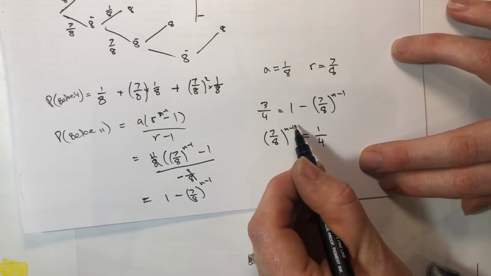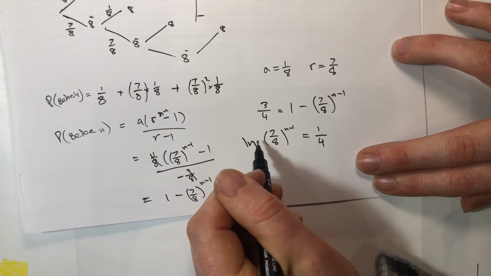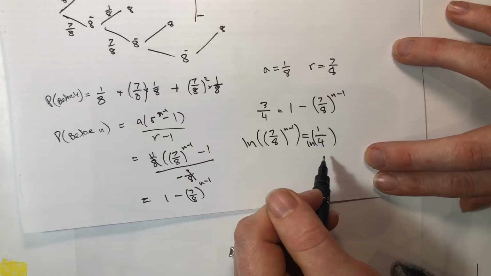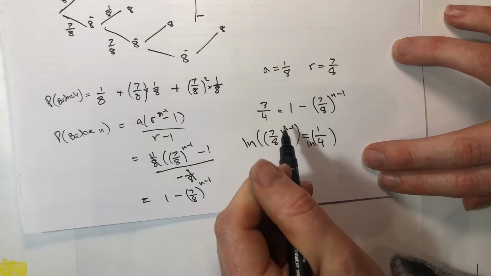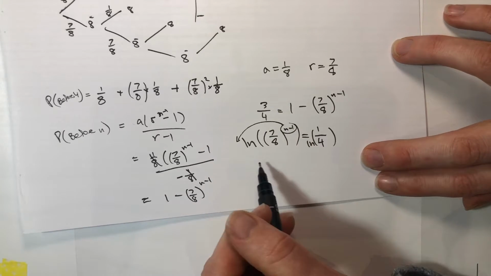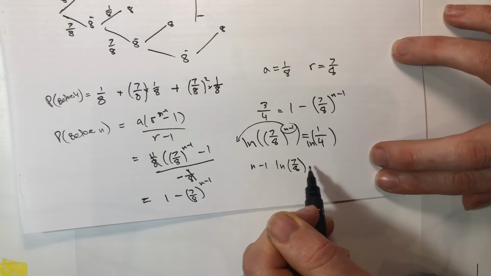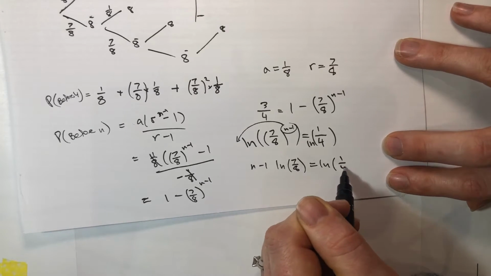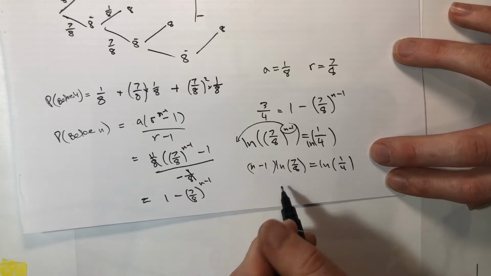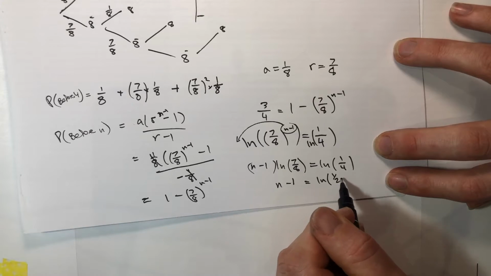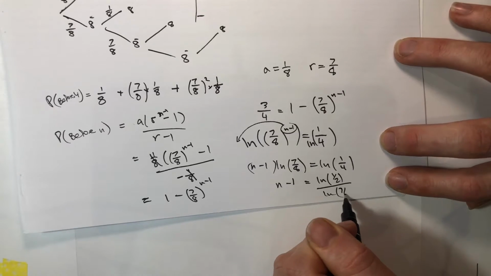And because that's an n that I want here, I'm going to drop a log on both sides because that's going to help me bring my power down. So if I drop a log on both sides, that's a legal logarithm move. I then have a power up here which can come out the front, so n minus 1 times ln 7 on 8 equals ln 1 on 4. So bracket that, n minus 1 equals logarithm of a quarter on the logarithm of 7 on 8.